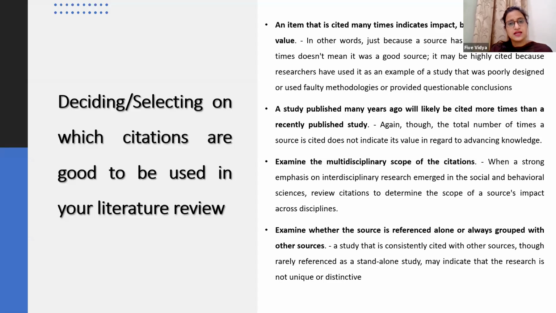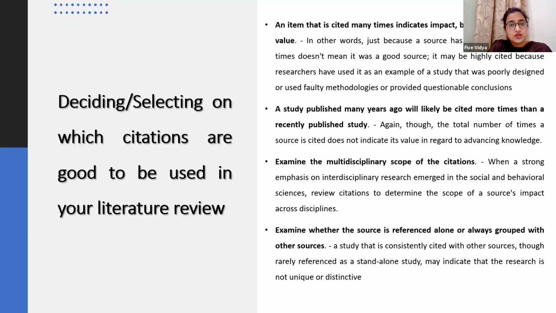Generally, scholars see the impact factor of that particular reference or that particular journal, and they decide on the basis of that impact factor, which is not right. There could be a case that scholars have cited that reference many times because there was something wrong in that paper.